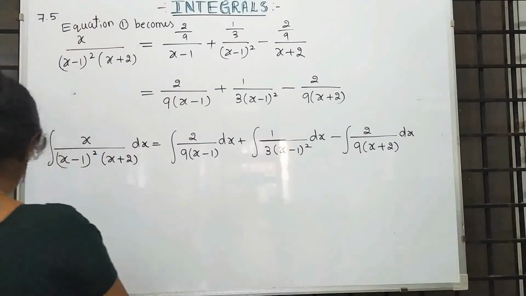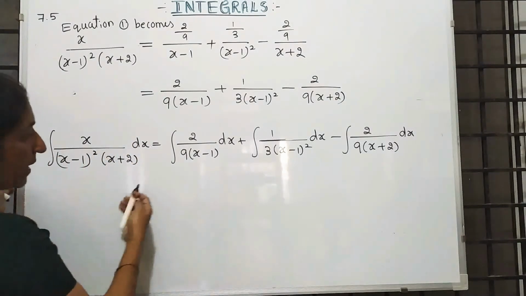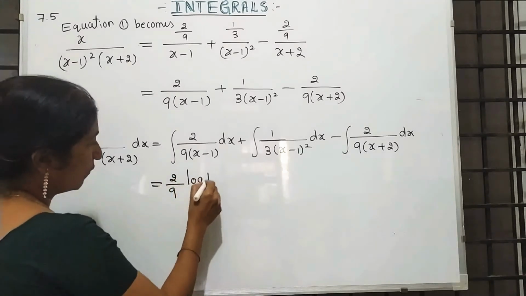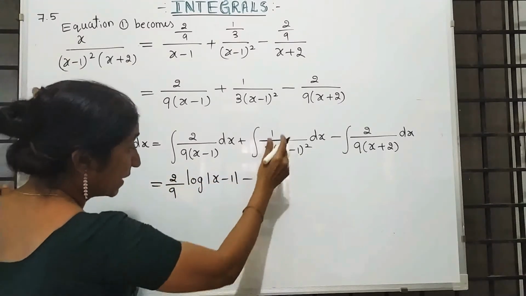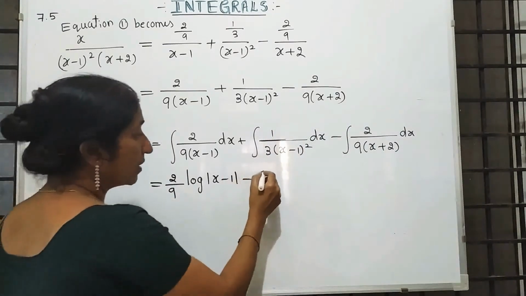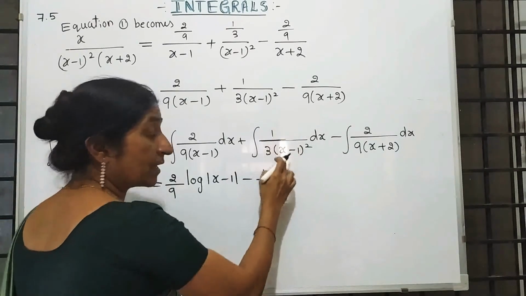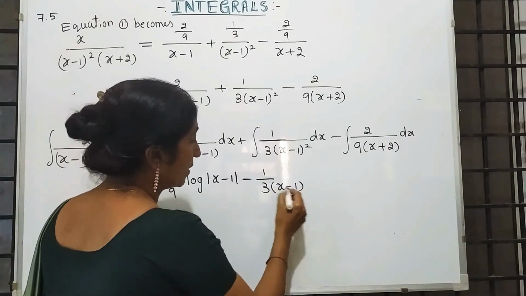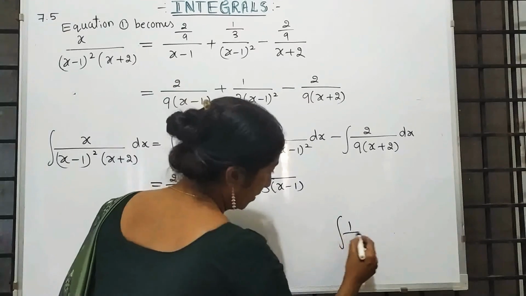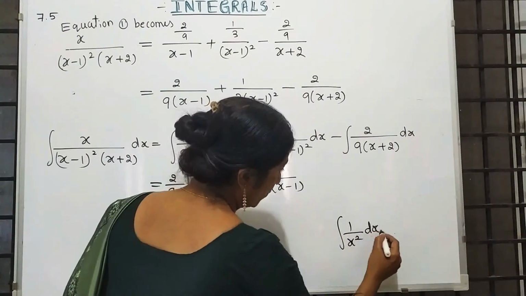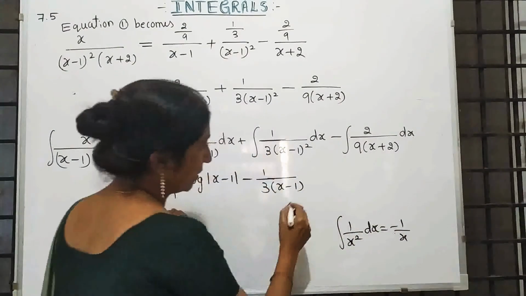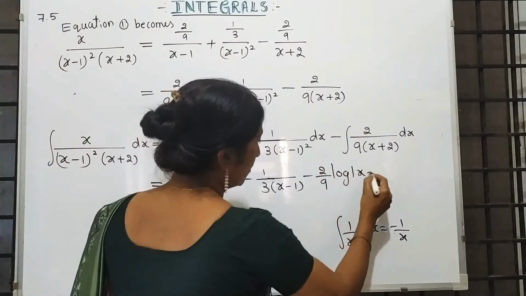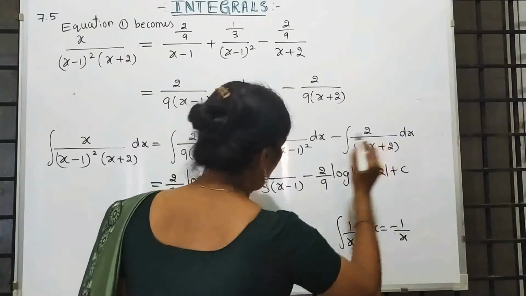Now integrate. 2 by 9 constant, write it outside, log of x minus 1, 1 by 3 constant. Integration of 1 by x square is minus 1 by x. That's why I wrote minus here. It is x minus 1. We are using the formula 1 by x square into dx, that is minus 1 by x, minus 2 by 9 log of x plus 2 plus c.